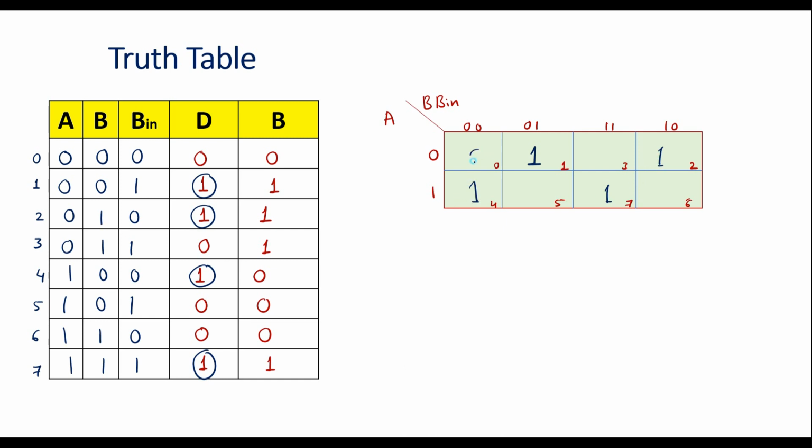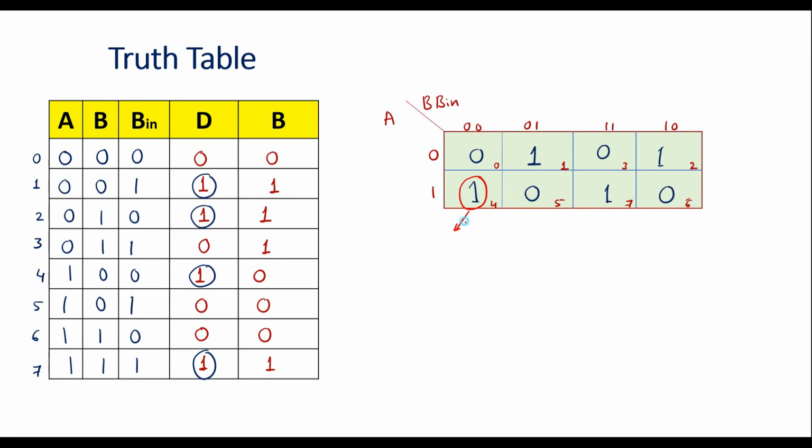In all other cells the value is 0. Now let me simplify this K-map. Here we cannot make any pair, quad or octal, so all the ones are independent. We can take them as individual values.